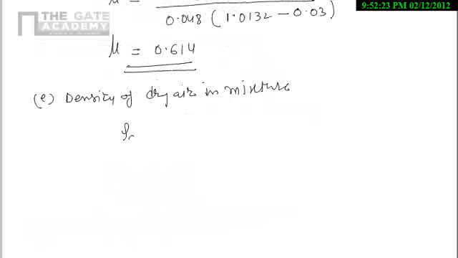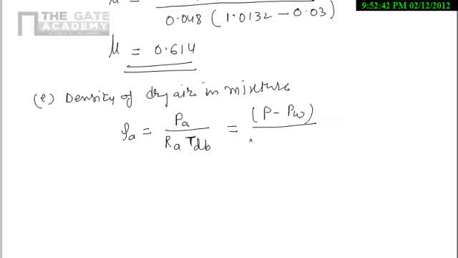The formula for density of air is Pa divided by Ra into T dry bulb. Pa is nothing but P minus Pw, Ra we know is 0.287 for air, and the dry bulb temperature we have to put in Kelvin, so 273 plus 32.